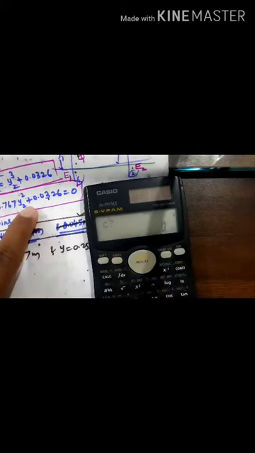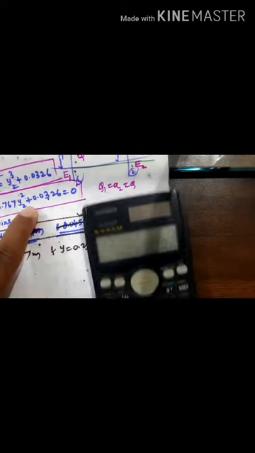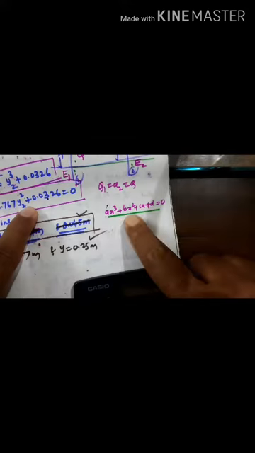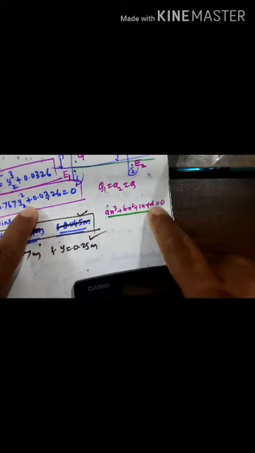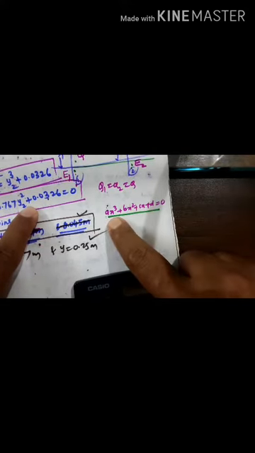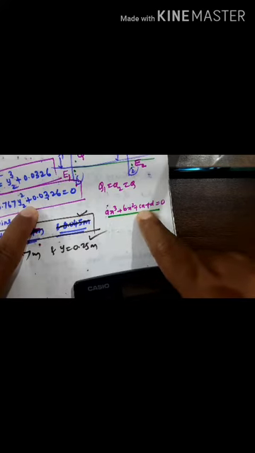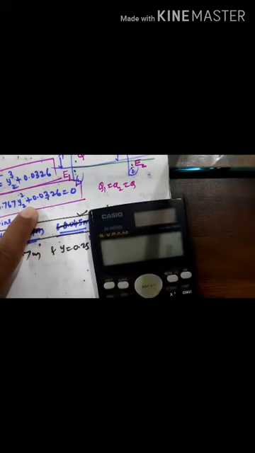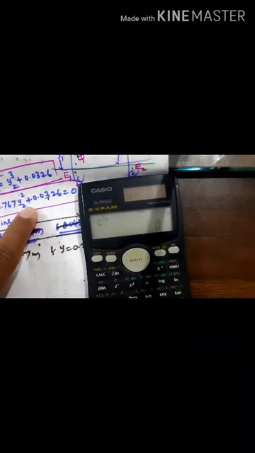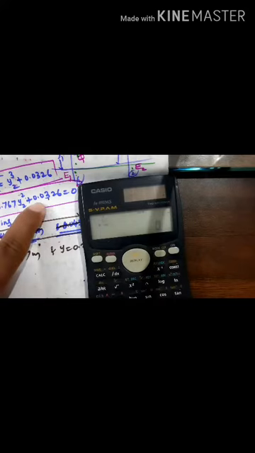In the format ax cube plus bx square plus cx plus d, a is the coefficient of x cube, b of x square, c of x, and d the constant. In our case we don't have any c value, so feed 0, then equal to. The d value is 0.0326, then equal to.